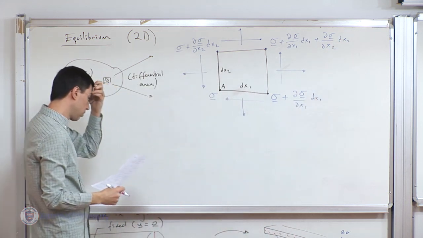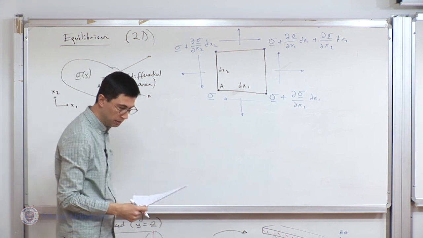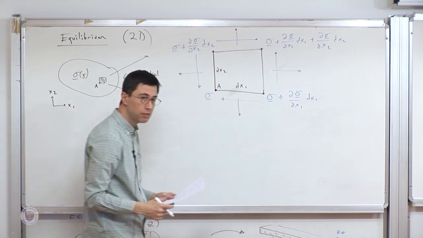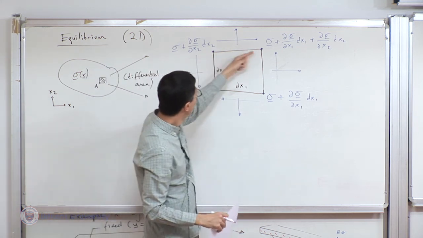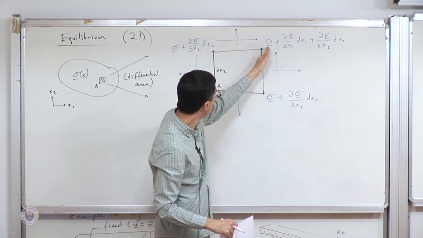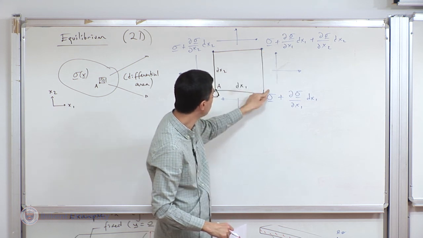So that is what the picture looks like. Now, in addition to the stresses on the edges, there's a stress at every point along the edge. I've only noted the values at the corners.